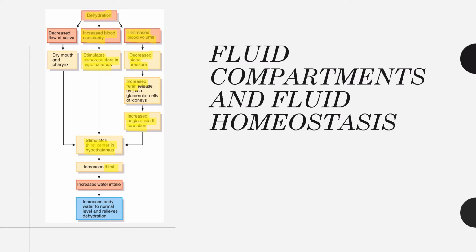Another signal that can stimulate thirst is going to be the neurons in the mouth detecting dryness due to a decreased flow of saliva. So we get that dry mouth and pharynx, which is also going to stimulate the thirst center. Now, as a result, the sensation of thirst increases, which usually increases water intake, bringing us back to homeostasis.